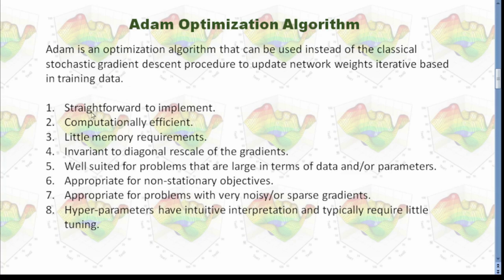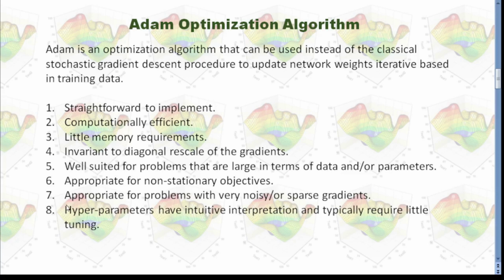First, it's straightforward to implement, and it is computationally efficient with low memory requirements. It's invariant to diagonal rescaling of the gradients and well suited for problems that are large in terms of data and/or parameters, and it is appropriate for non-stationary objectives.